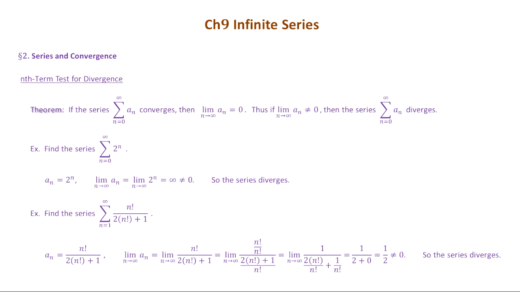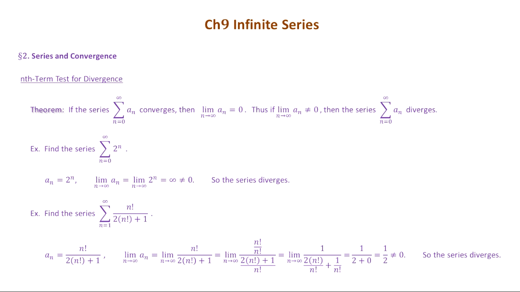So let's talk about the one example in here. Find the series of 2^n, from n = 0 to infinity. So in here the term a_n is just 2^n. If you take the limit of a_n with n approaching infinity, you get 2^n.